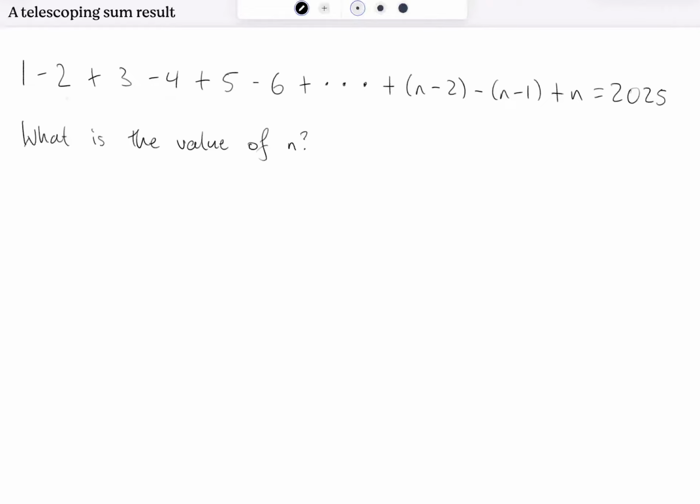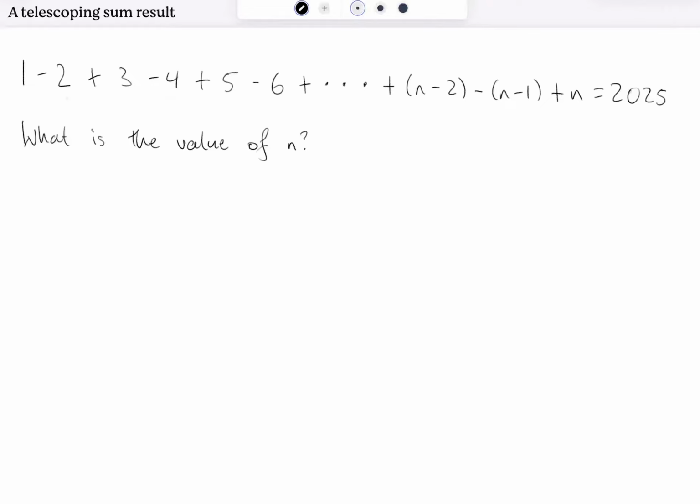But for whatever reason, I've chosen for it to be 2025. So we have this sum, and I want to simplify it somehow so that I can form a simpler equation to be able to solve for the value of n.